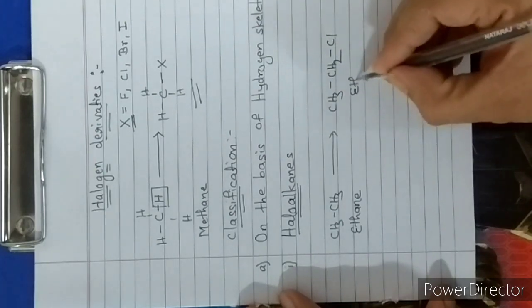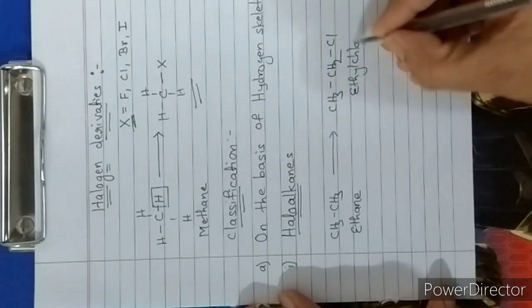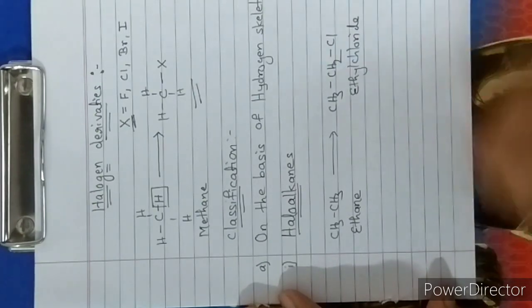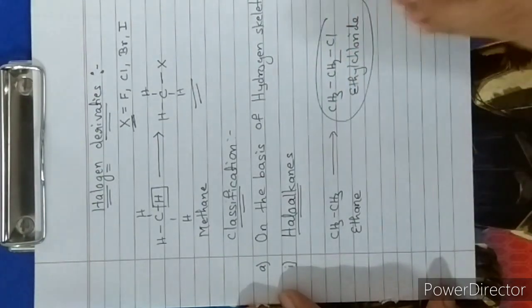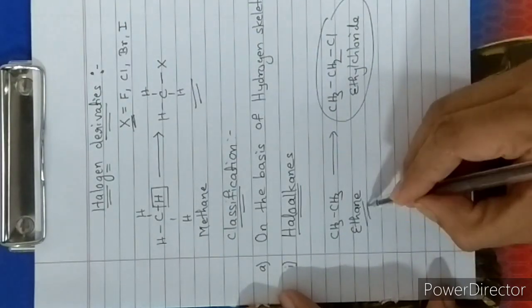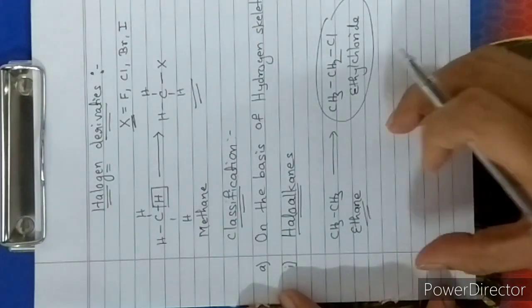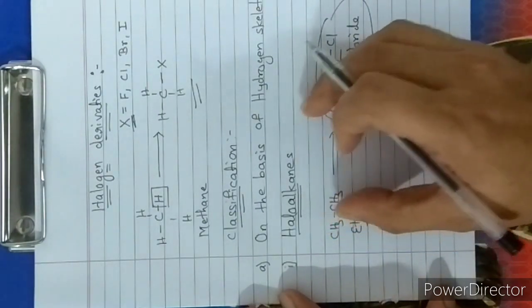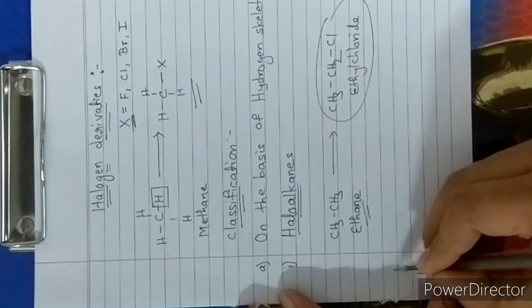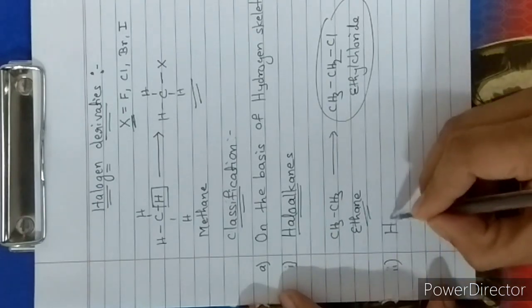This is ethyl chloride. Now student, this compound of halogen is derived from alkane. That's why this is called haloalkane. Clear?